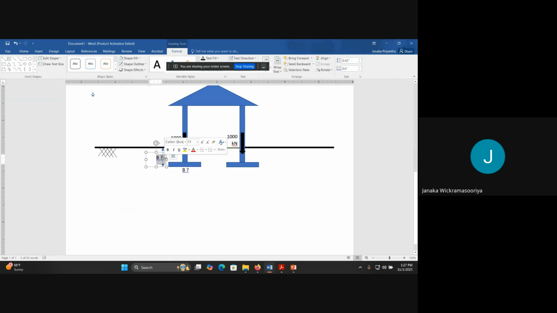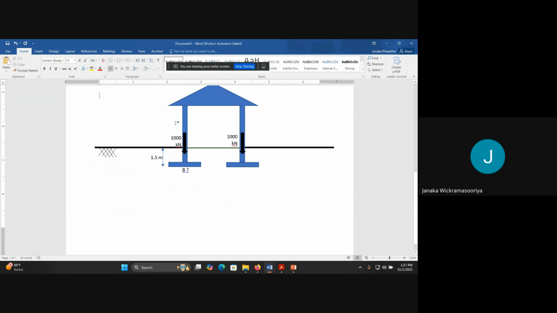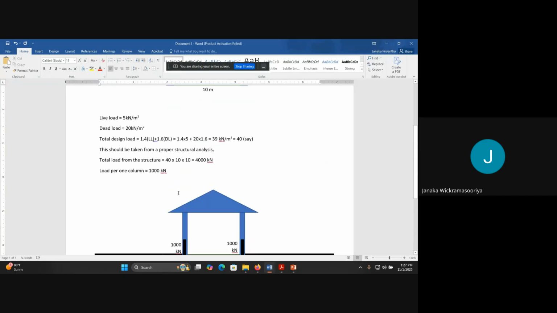Shall we take it as 1.5 meters? Right? This is our question now. Let's make an assumption that the water table is at a very low level. Right?